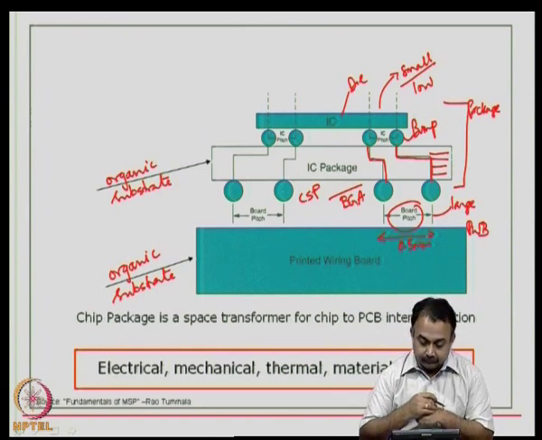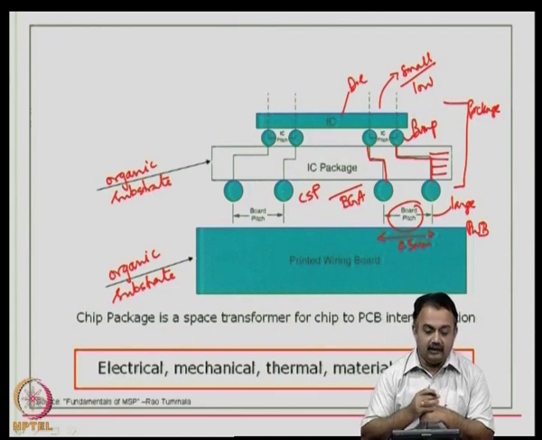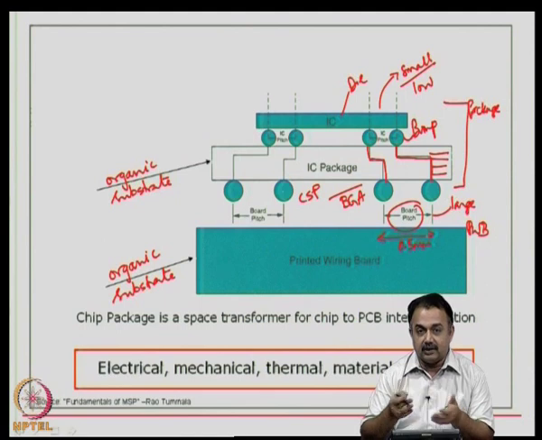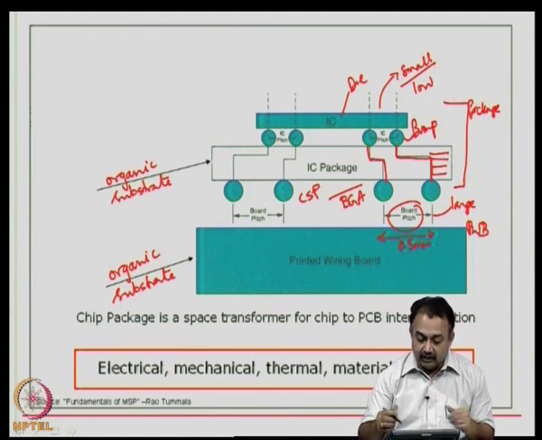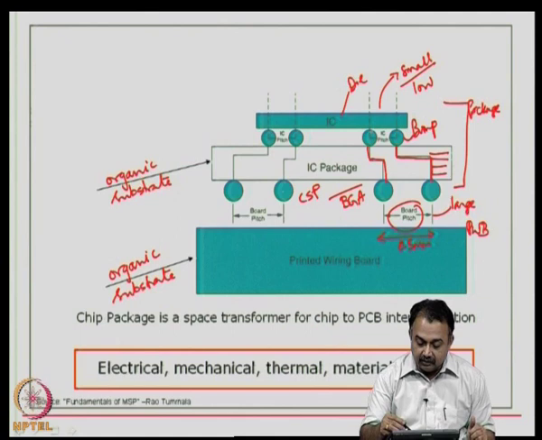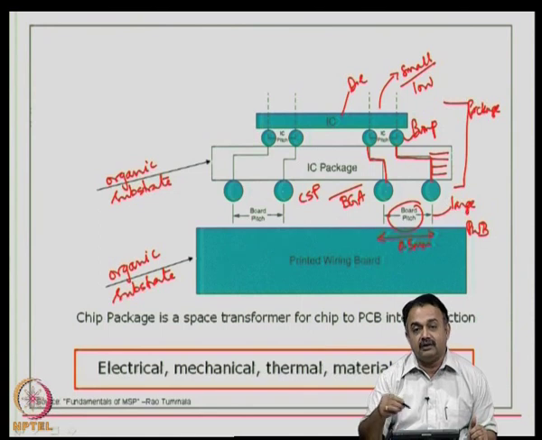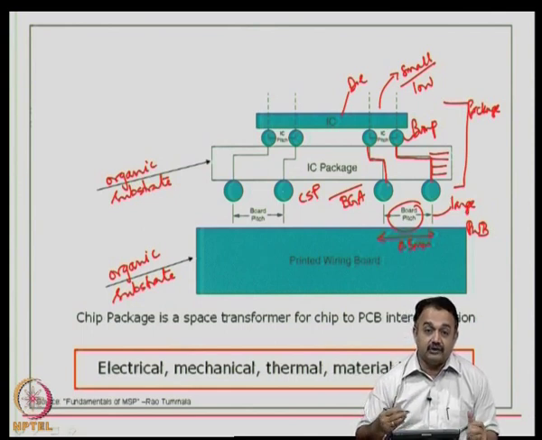Now, when you look at such a system where you have a die, then an organic substrate for the die housing, and then a printed wiring board, if you power up the circuit, electrons start flowing from the die through the solder bump, through the multi-layer substrate to the BGA solder balls, and a host of electrical, mechanical, thermal and materials issues come into play.